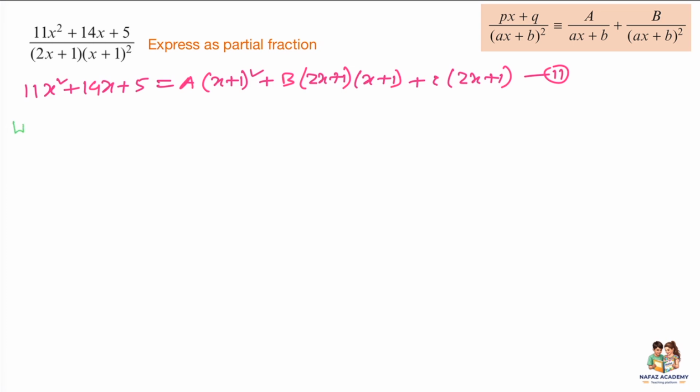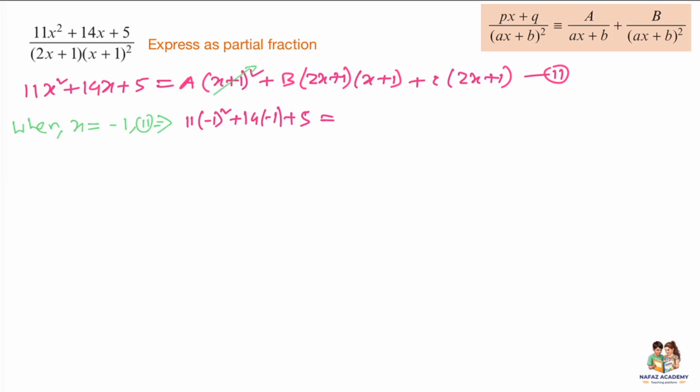Now substitute for the B part, that means x equals minus 1, right, in equation 2. The left side, put the value of -1. Can you tell me which part will be 0?